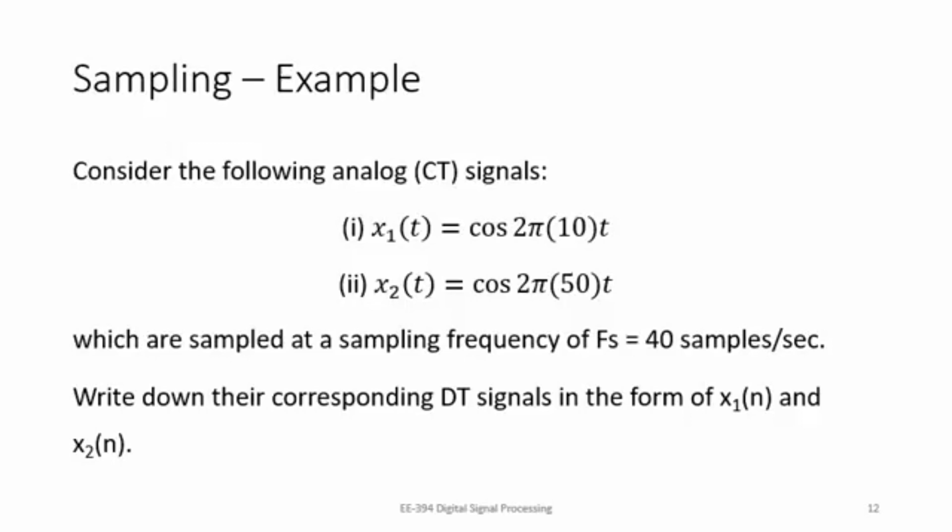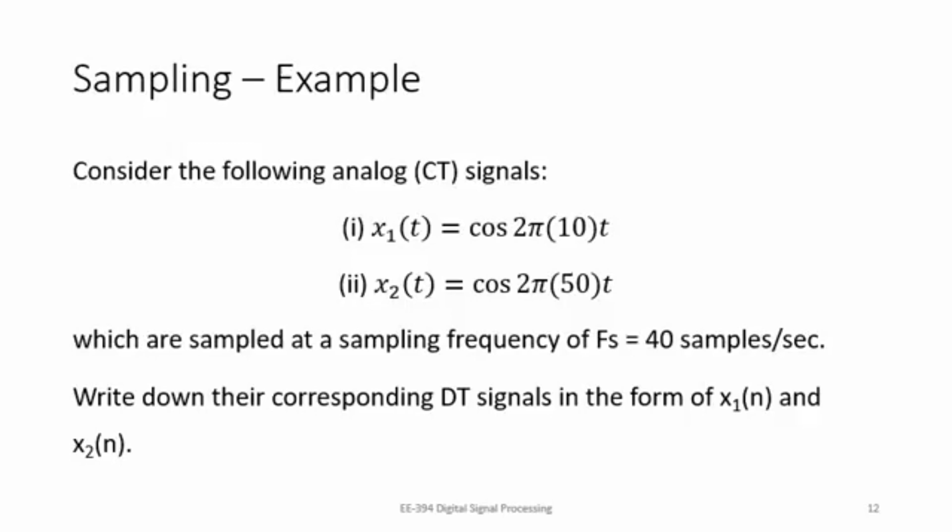Example 4.1. Here it says that there are two analog continuous time signals. One is x1(t) as cos 2 pi 10t, where 10 is of course 10 Hertz, and the second signal is x2(t), which is cos 2 pi 50t, where 50 is the analog frequency in Hertz for that signal.